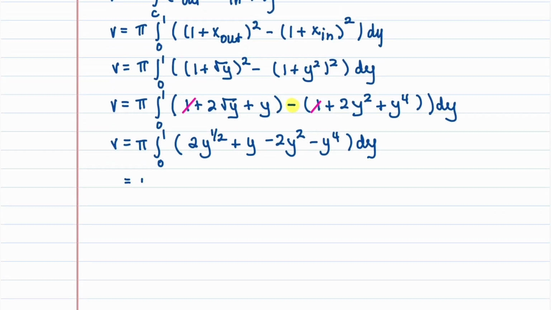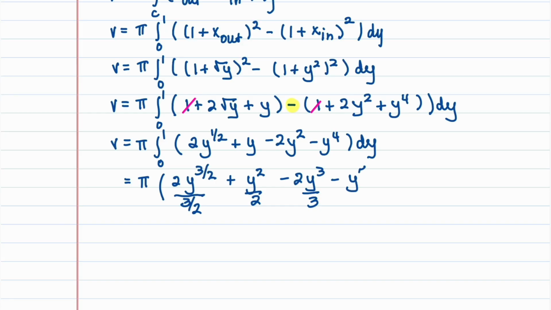Now we can go ahead and integrate. This gives us 2y to the 3/2, all divided by 3/2, plus y squared divided by 2, minus 2y cubed divided by 3, minus y to the 5th divided by 5.